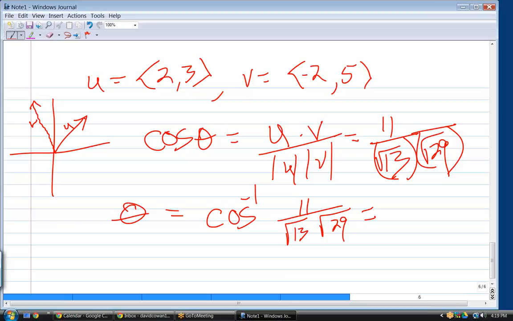Yeah, that's kind of hard to do in a calculator, isn't it? Because there's so many parentheses involved.